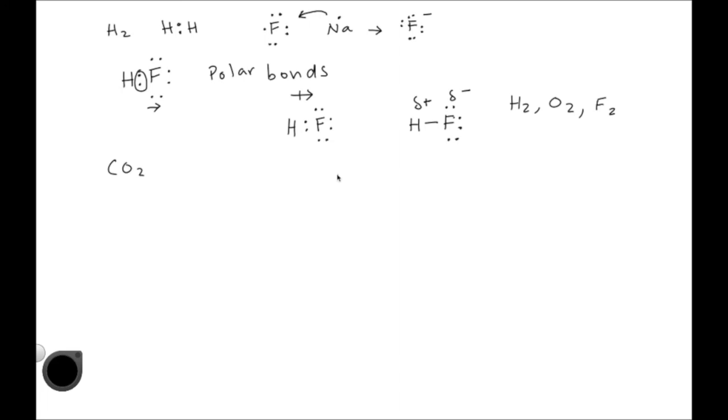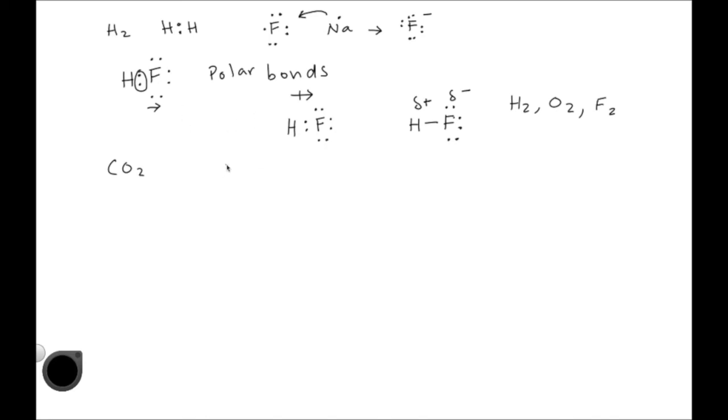And let's go ahead and draw its Lewis structure, right? So the Lewis structure of CO2 is going to look like this, with oxygen in the center, and it's going to be double bonded to two carbon atoms, one on each side. And then there's going to be, actually, this is actually backwards.